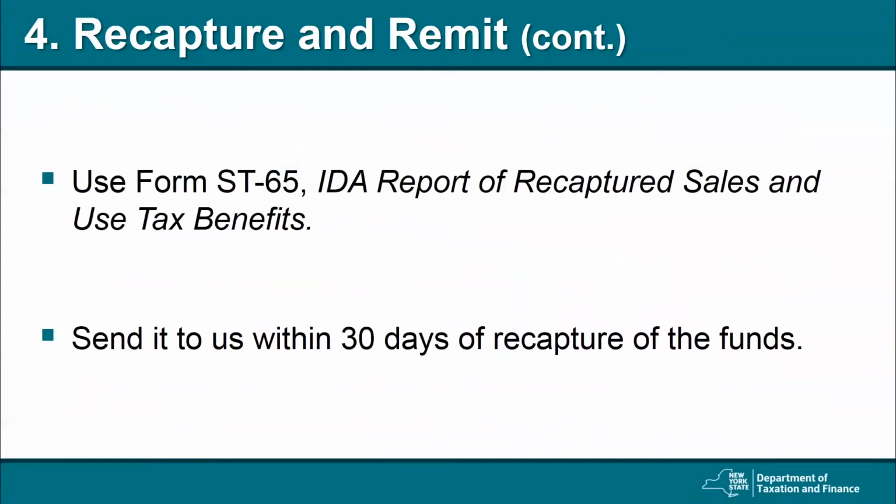And there's also a section, if applicable, for the additional 3/8% sales tax in the Metropolitan Commuter Transportation District. If any of those amounts are recaptured, that's where it's reported. And just to note, this form and the payment are sent to our desk audit unit. It doesn't go to the same address that's on the ST-60 form for essentially all other correspondence that you have.